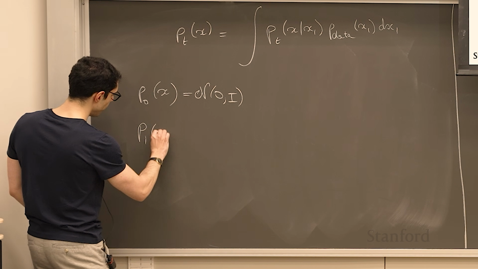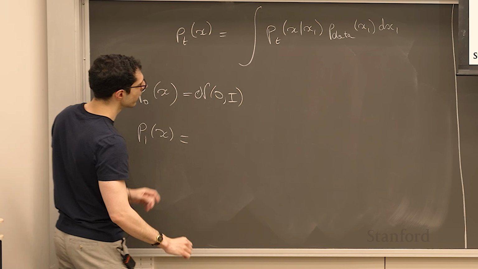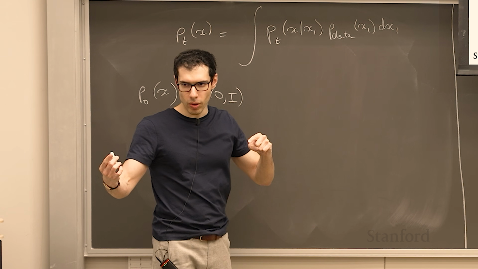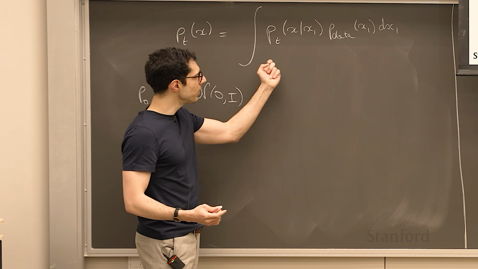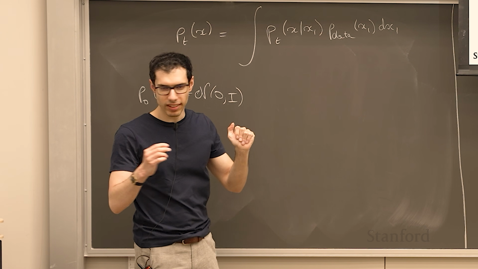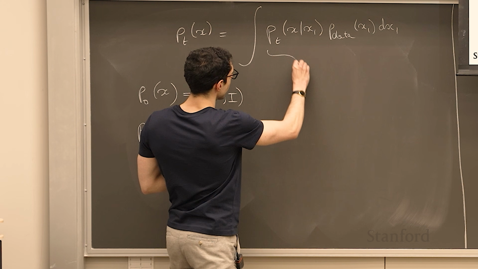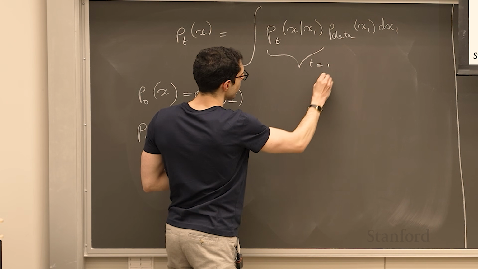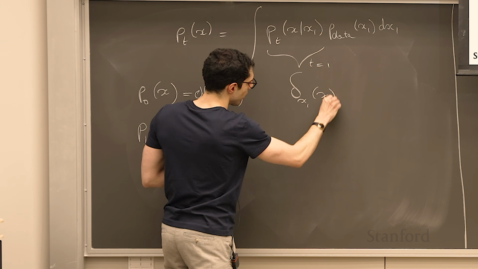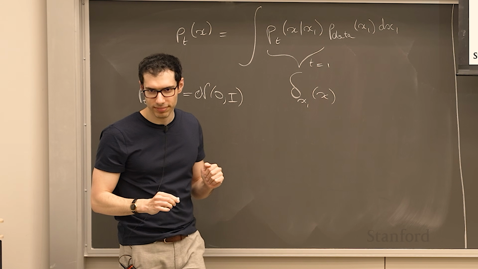And p1, what is p1? We said that when t equals 1, pt of x given x1 is the Dirac of x1 at x.